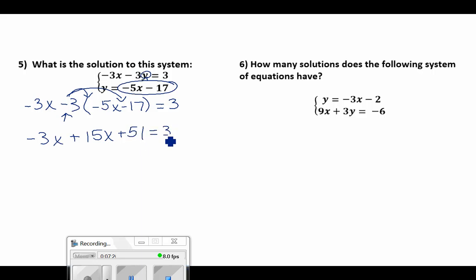And then I bring down the equals 3. Now I can combine like terms. I see that I have two x values that I can combine because they're on the same side. Negative 3x plus 15x is going to give me positive 12x. And I'm going to bring the rest of the equation down. Now I can subtract 51 from both sides.